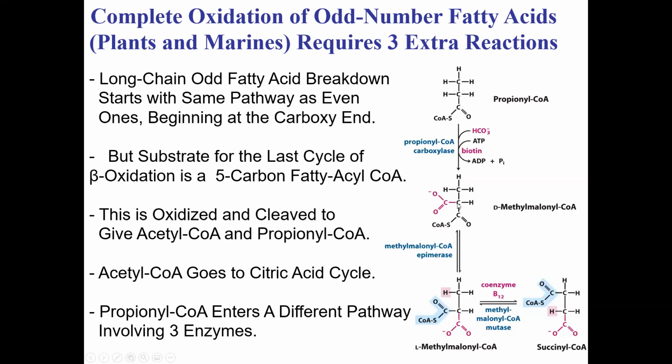Okay, epimerase. Basically, D will become L. Remember, if you have a chiral carbon and you switch any 2 groups, you go to the other configuration, right? That's exactly what they are showing you. So you have now produced L-methylmalonyl coenzyme A.